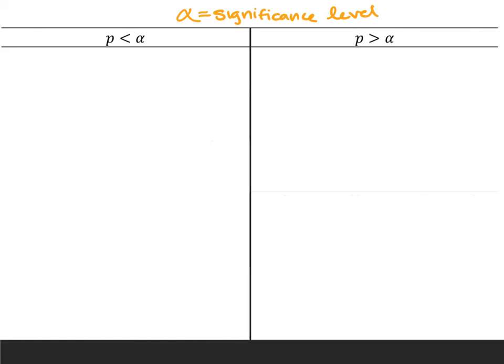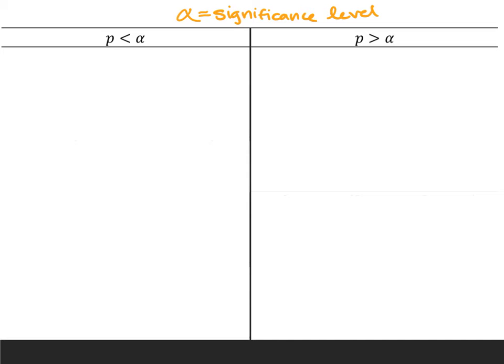All right, so we're going to look at what does it mean when our p-value, which is the probability of getting our particular sample statistic, getting something that extreme or more extreme, that p-value that our calculator gives us, what happens when that is less than our significance level?